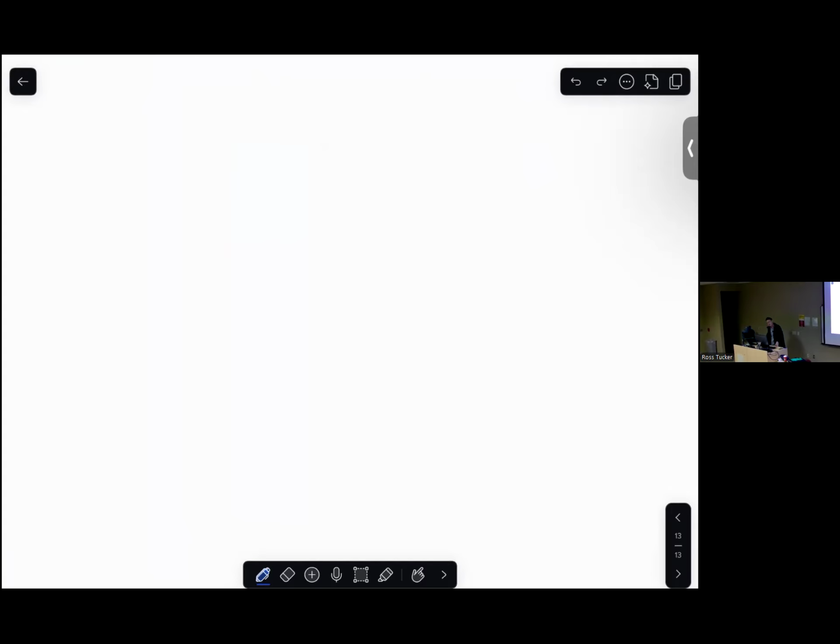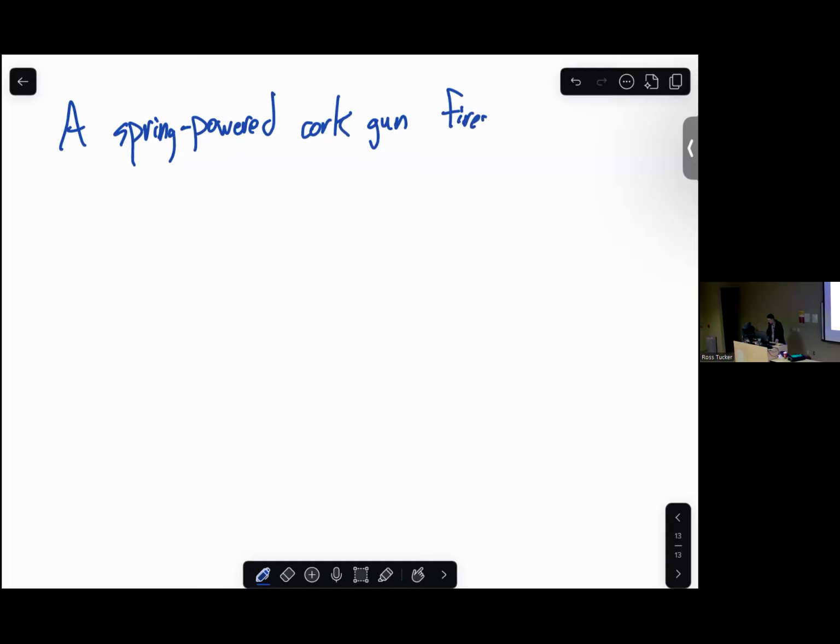So again, the question is a spring-powered cork gun. Does everyone know what I'm talking about? The little poppy children's toys. There's a spring, it propels a cork up, goes up. Usually there's a string on it so the kid doesn't lose the cork. And those little toys. A spring-powered, I don't think they're called cork guns, but whatever. Fires a, I estimated something like 10 grams.